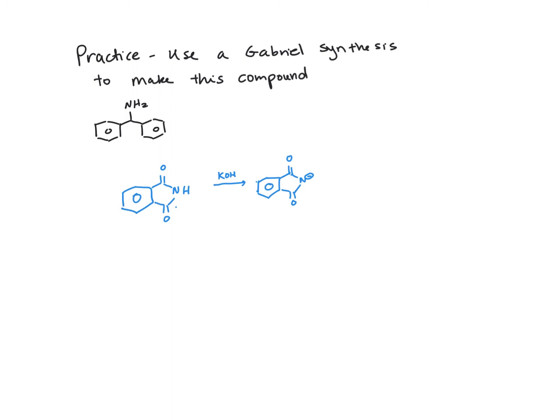Then we need to look at what's attached to the amine group and install it. So everything that is highlighted here needs to be added to our amine, and it's got to come from an alkyl bromide.